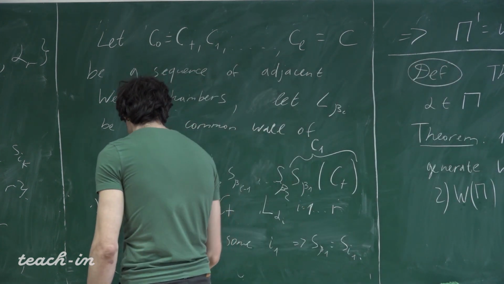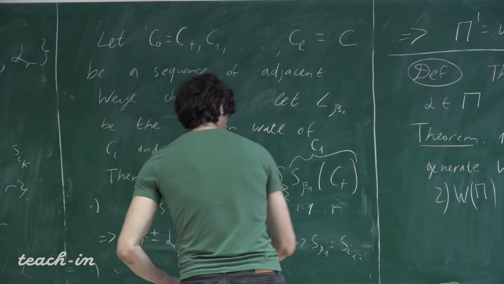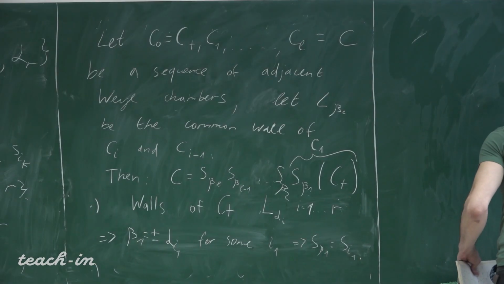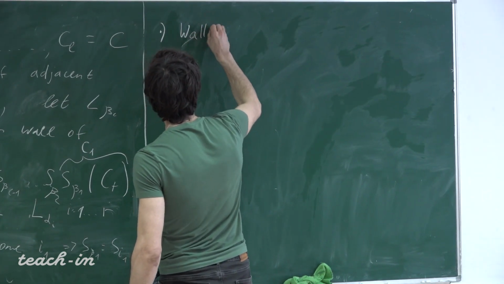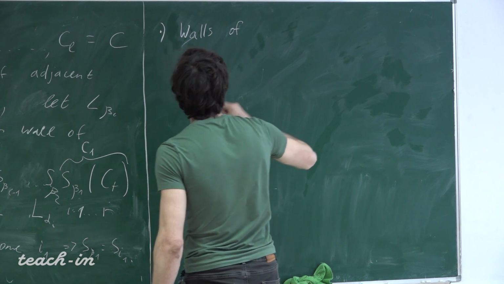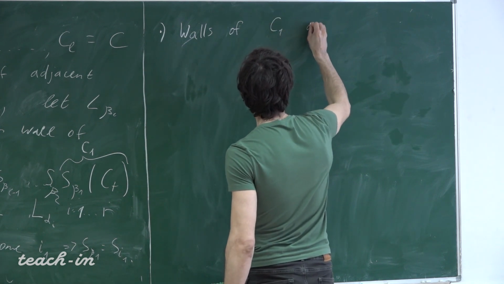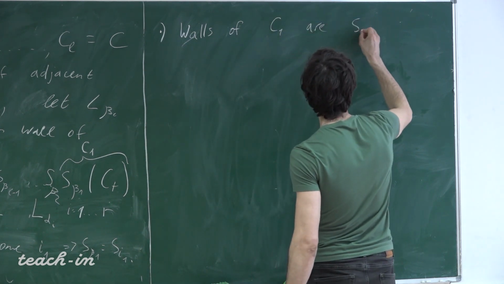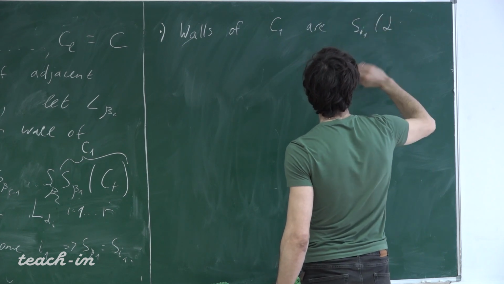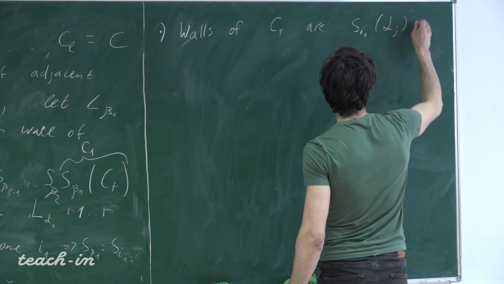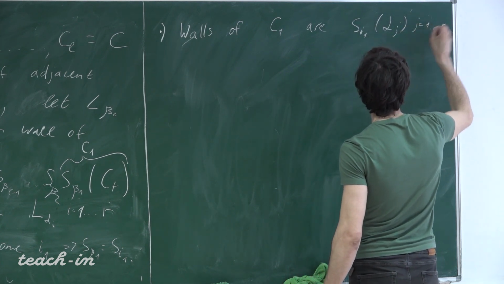So the walls of C_1 are s_{i1}(alpha_j), where j is from 1 to r.